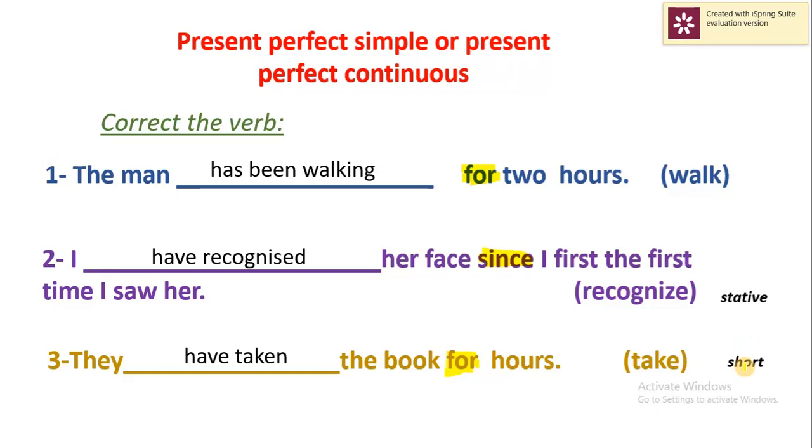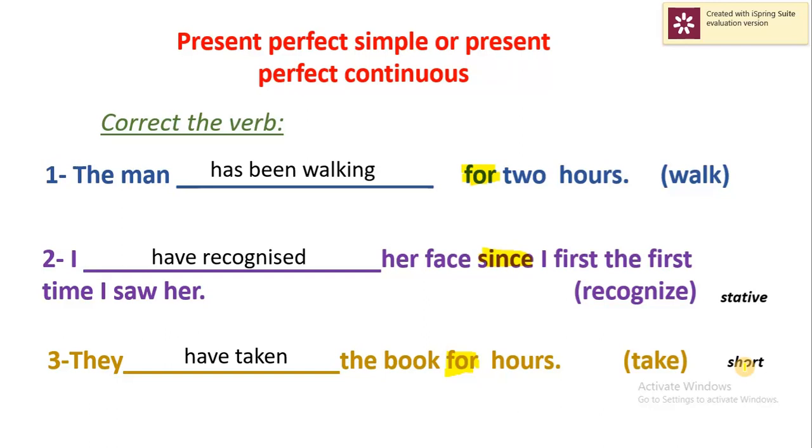You can never add an ing to them, so they are going to be in the present perfect simple and never in the continuous.